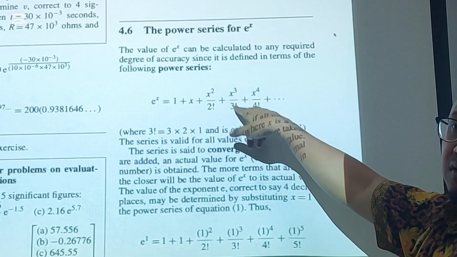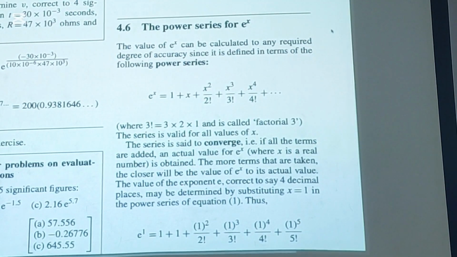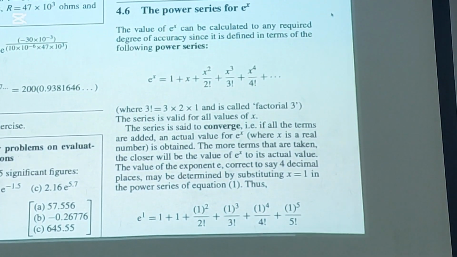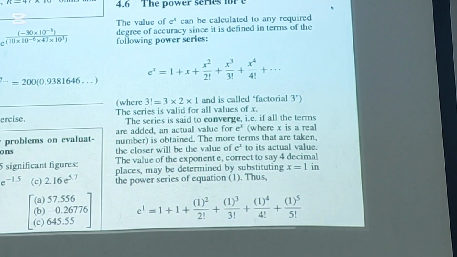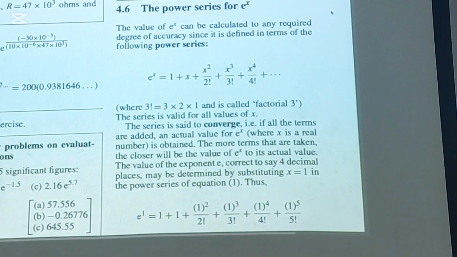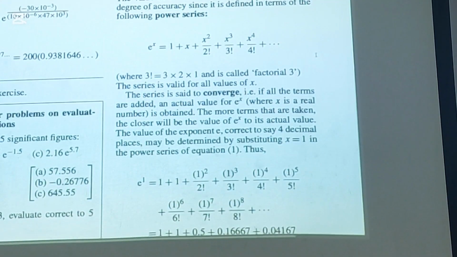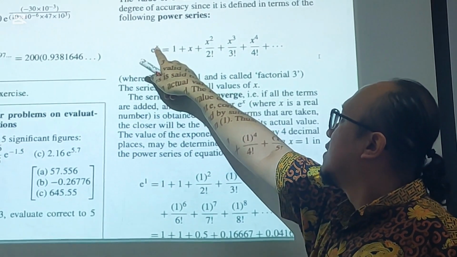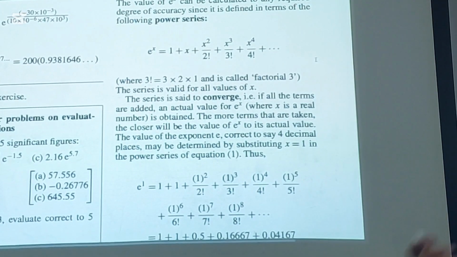For 2 factorial, 3 factorial, and 4 factorial, 2 factorial is equal to 1 times 2. 3 factorial is equal to 1 times 2 times 3. And so on. So for the power series, because the variable is x, all of the x will be replaced by any value.